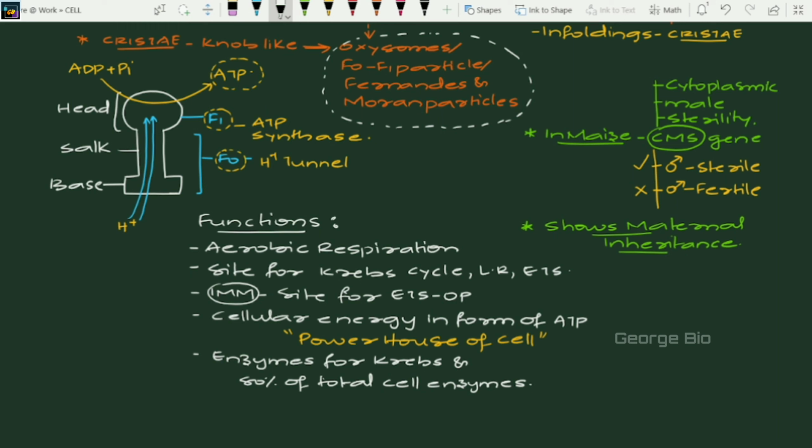Here you have to remember one thing. Twice we have got a question in mitochondria, in 2019 as well as in 2016, where the question is based on the function. That is, what is the site of ETS? The site of ETS is inner mitochondrial membrane. In the next session, we'll go with a small subtopic, that is endosymbiotic origin of mitochondria.